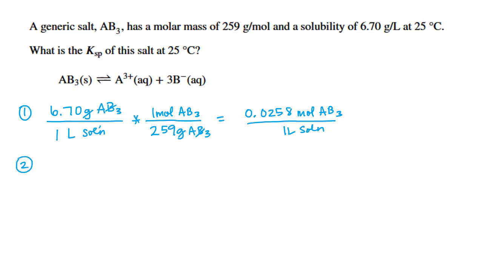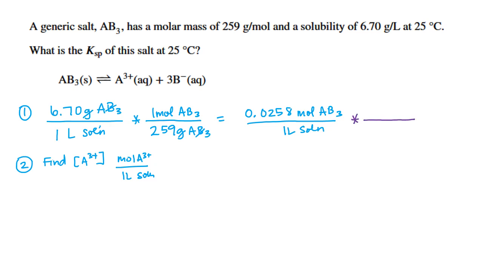So there's my first step. My second step is I'm going to use this number here to find the concentration of A3+, and that's going to be moles of A3+ over liters of solution. To do that, I'm going to use the balanced equation, and I'm going to go from this number right here.